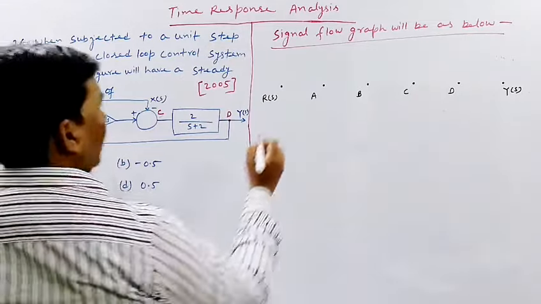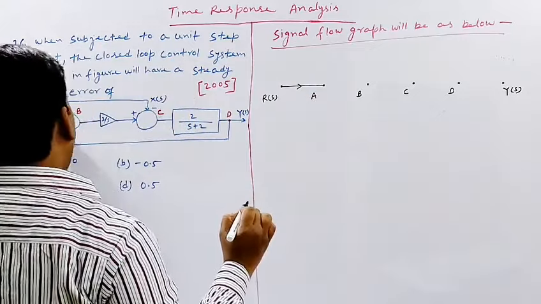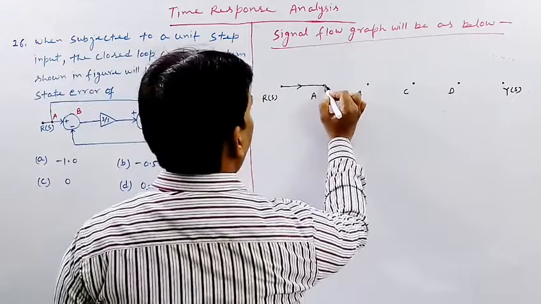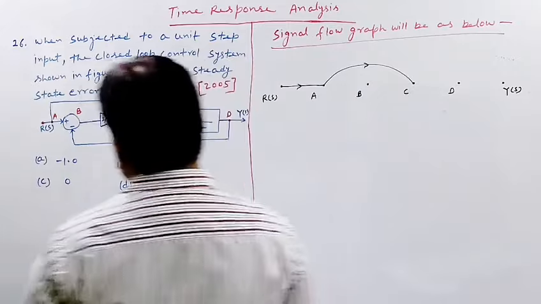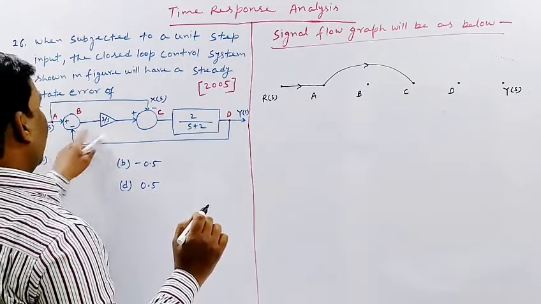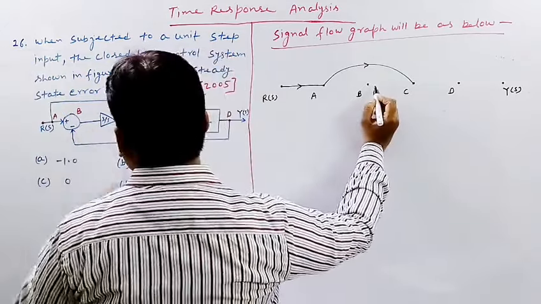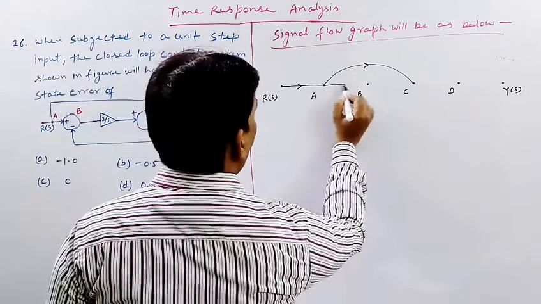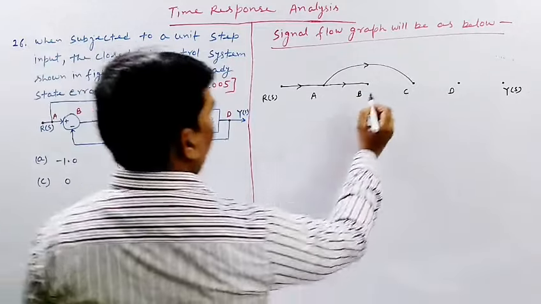So between RS and A, there is a branch. Between A and C, there is one branch. Between A and B, there is one more branch, and between B and C, there is one more branch.